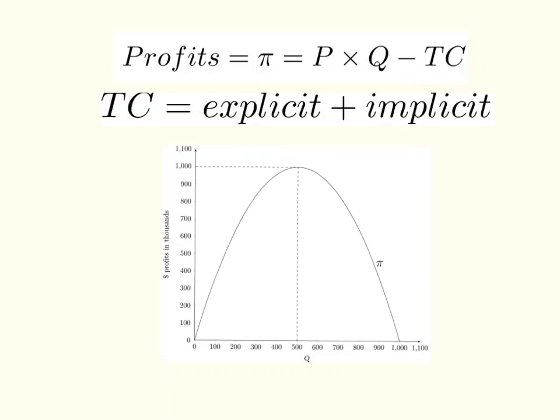Now, it is important, and we have discussed this previously, for us to remember that in economics, we're always thinking about both explicit as well as implicit costs. Explicit costs being your labor, your input cost, all the things that explicitly cost you money to run your business. And then there are also implicit costs. So implicit costs are the opportunity cost associated with the production of whatever good you're choosing.